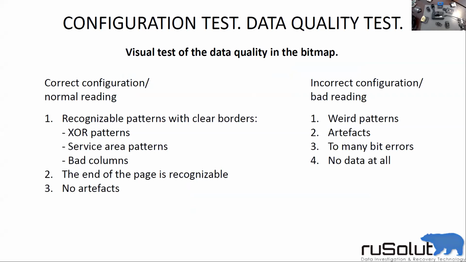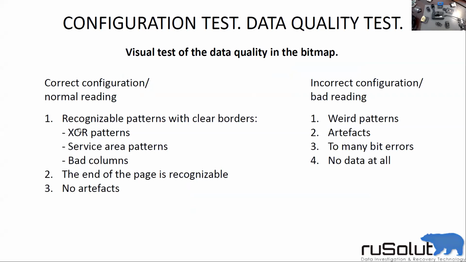It was really hard for me to find good words for this slide, because there are many different situations, many different cases. But in general, when we do this data quality test, what do we pay attention to?